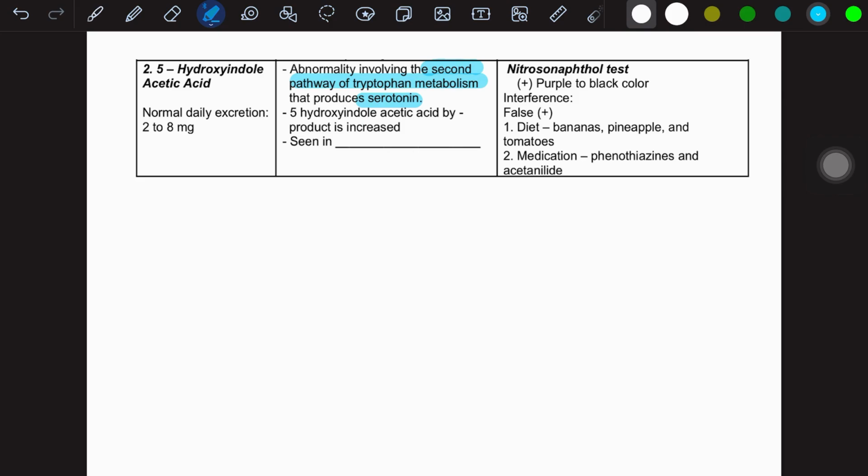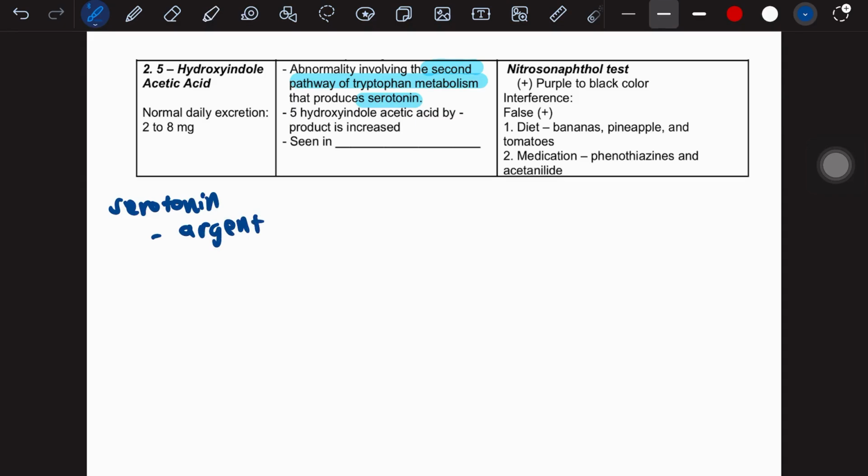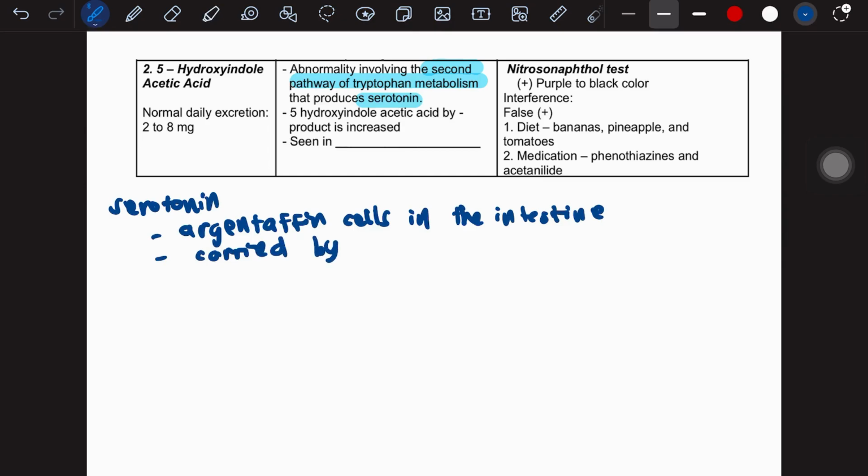So where is our serotonin produced? Since this has also come out in the boards, serotonin is produced by the argentaffin cells in the intestine. And this is carried through the body primarily by the platelets.